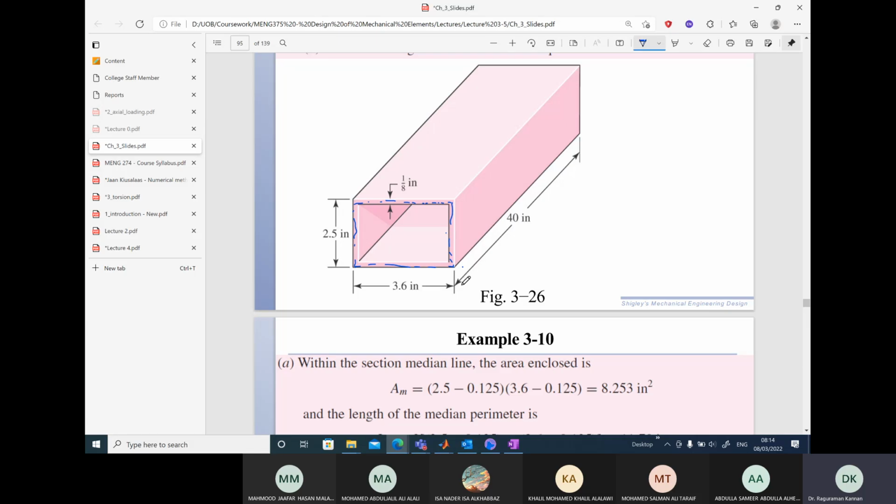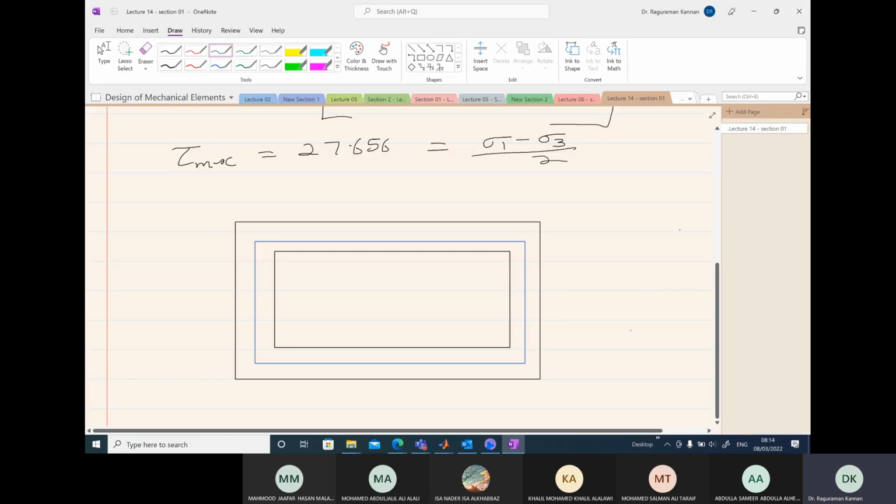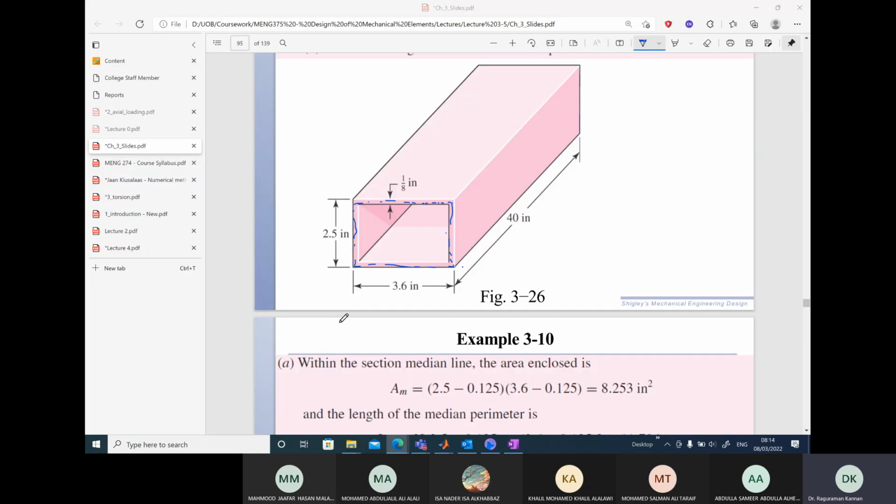So 3.6, thickness is 1/8. So half of 1/8 here, half of 1/8 here. So 3.6 minus 1/8 will be the length here. Okay. So this length is going to be 3.6 minus 1/8 inches.